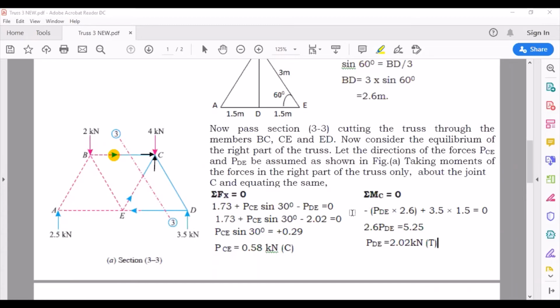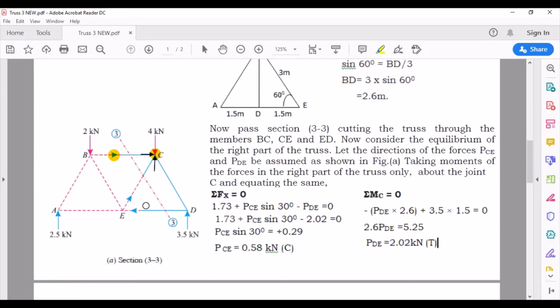I've taken moment with respect to point C. If I take moment with respect to point C, the maximum number of forces pass through the moment center.